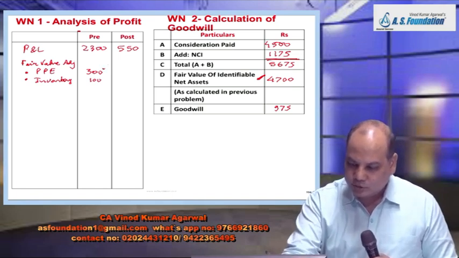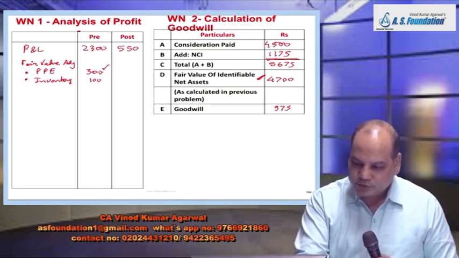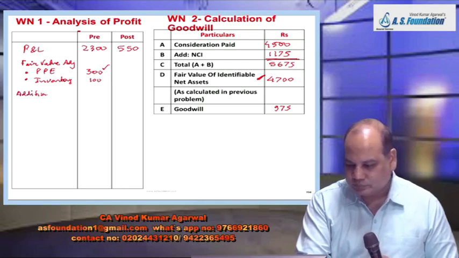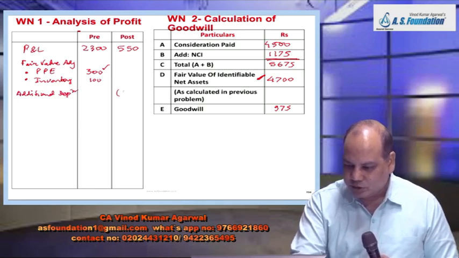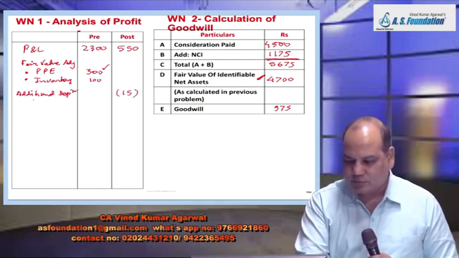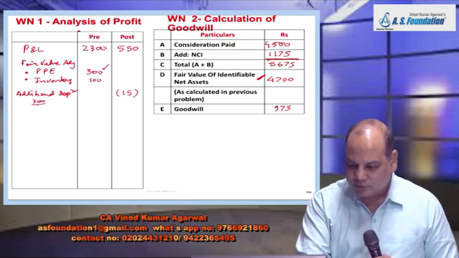Now this 300 you have written. The side effect of this 300 is additional depreciation. Additional depreciation 15, 300 divided by 20 years.